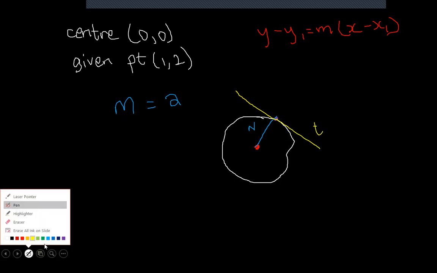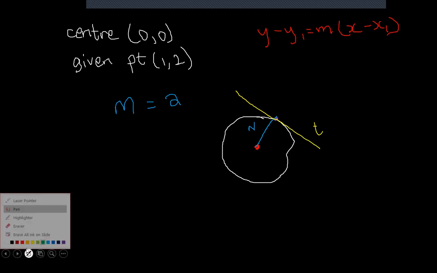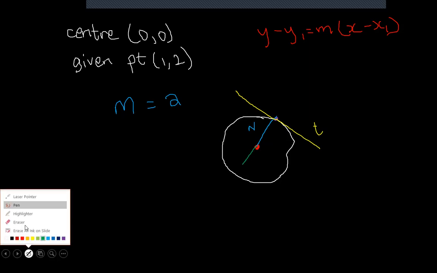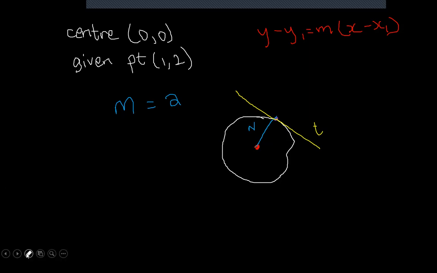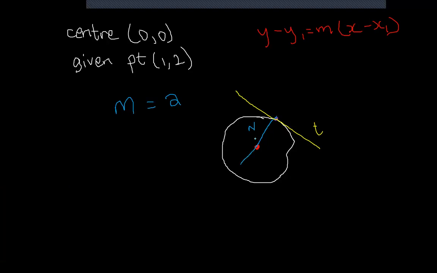What I need you to notice, the normal, let me extend this line a bit. So extending this line, all of this whole blue line is the normal. What I need you to notice is that the normal passes through the center here.